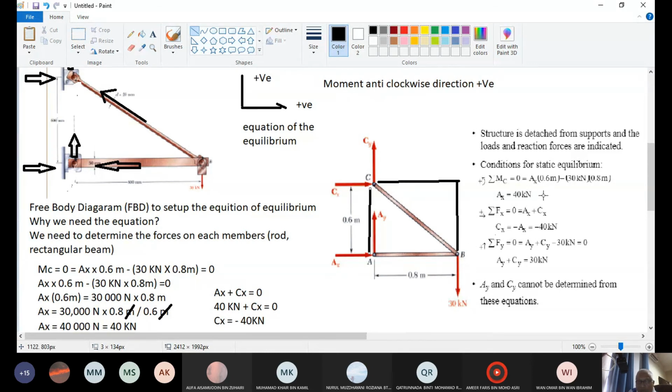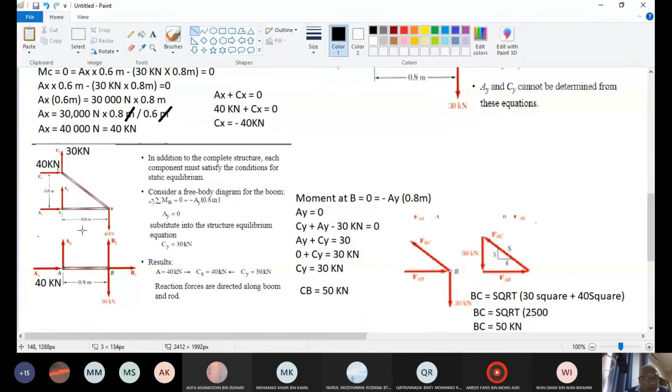And then you solve the equation, you got AX equal to 40 kilonewton. Cannot solve AY and CY yet. It's hanging there. So the next thing is you have to take a moment at B. Now you have moment at C solved, but you have to take a moment somewhere else, at B. So at B, what is acting on B?